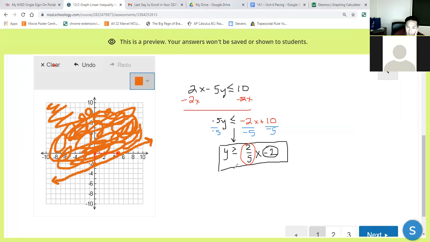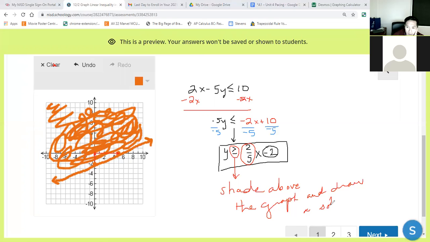So what this means is that the inequality tells me that I need to shade above the graph and draw a solid line, because the inequality says greater than or equal to.